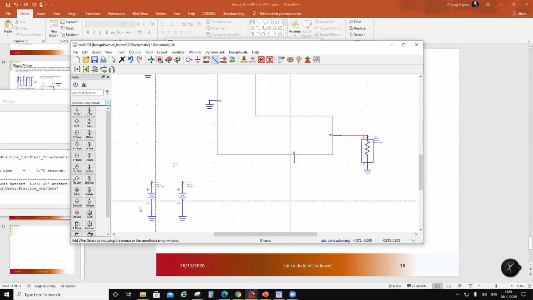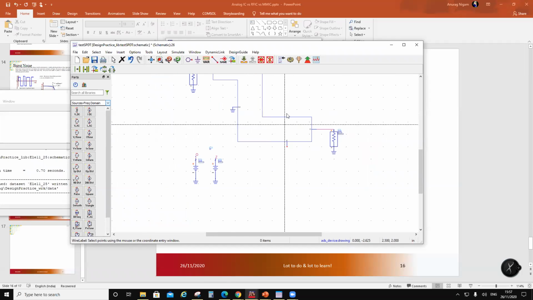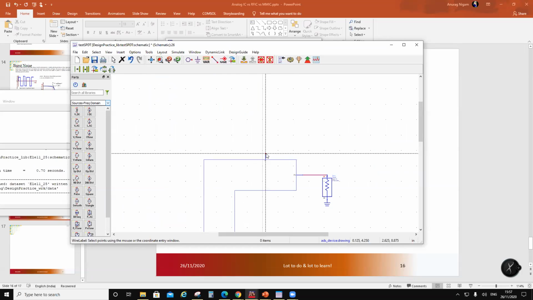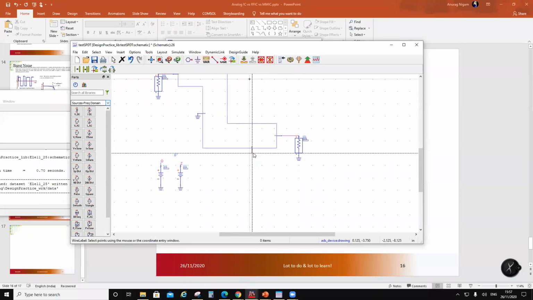That's why I'm putting 0 and 1.8. So I will name this node as 1, O, capital O, and this one I'm going to name as Z or 0. So if I want the top part to be through, this should be O and this should be Z.